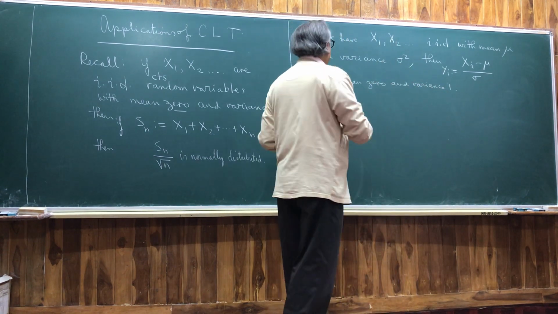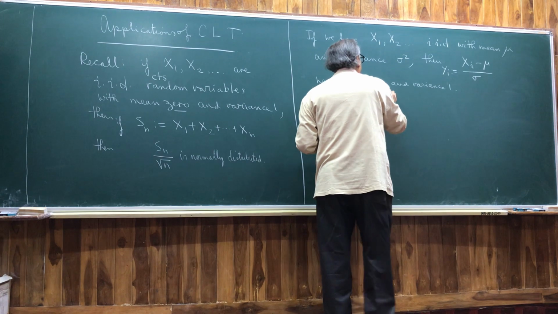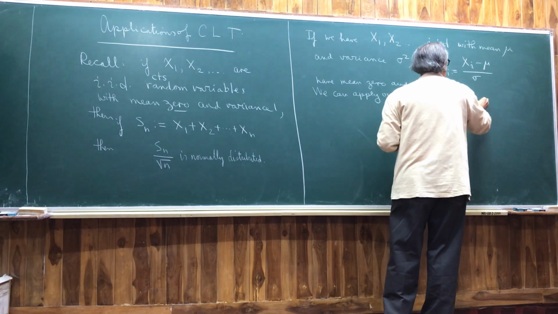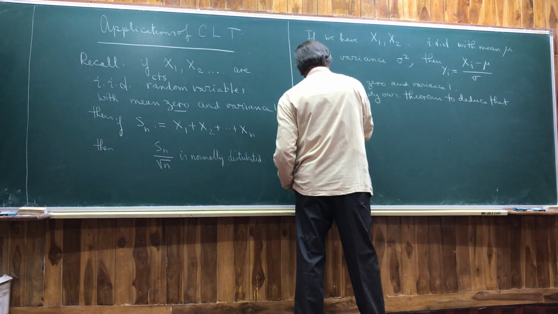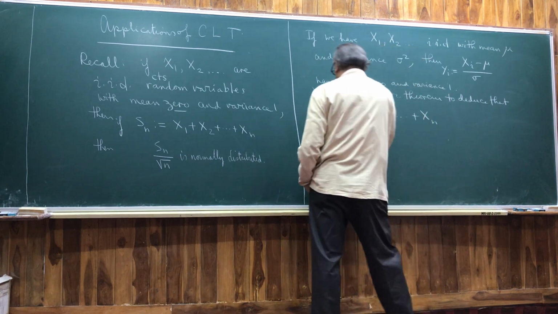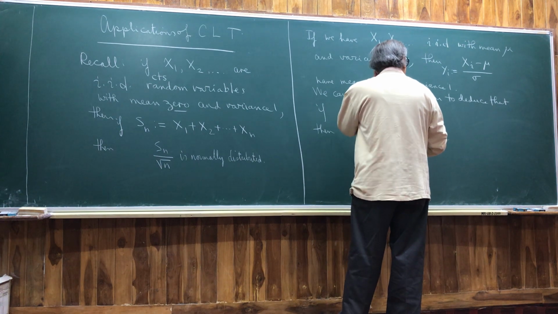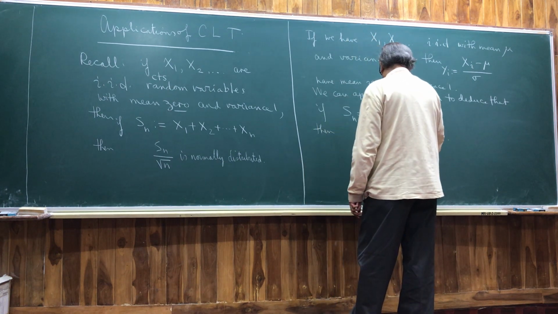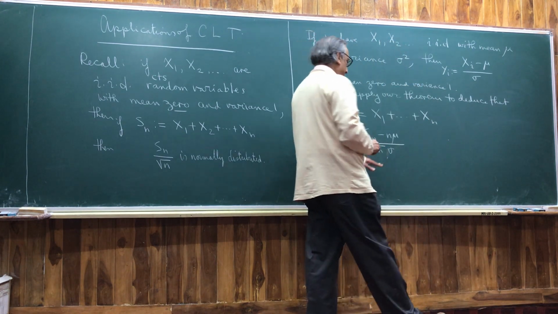So we can apply our theorem and deduce that if Sn equals the sum, then Sn minus n mu divided by square root of n sigma is normally distributed.